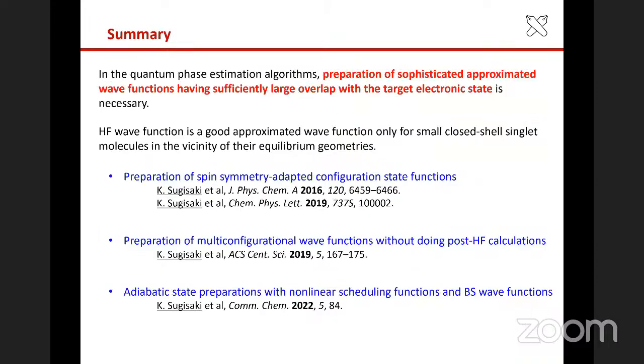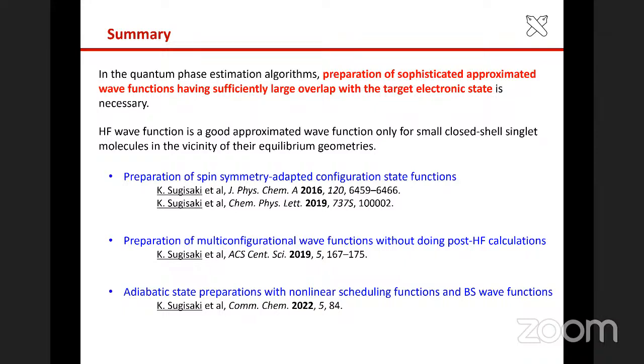So in the quantum phase estimation, we have to prepare some sophisticated approximate wave function having sufficient overlap with the target energy state. And the Hartree-Fock wave function is a good approximation only for small molecules and weakly interacting systems. For strongly correlated systems or large molecules, we have to develop some other approach to generate some more accurate wave function.